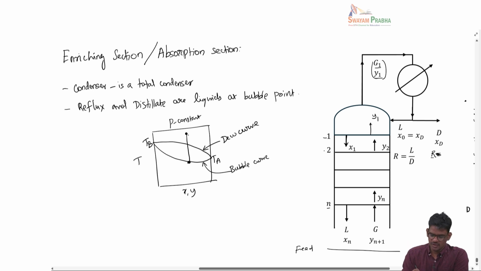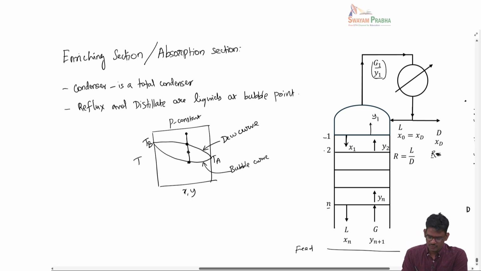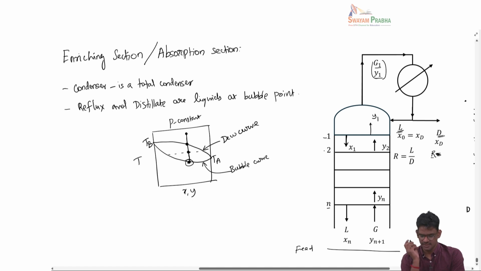I already talked about this, that if you cool a vapor, the first thing is you cross this dew point where the first liquid droplet will form, and then if you subsequently cool, you come to some point here where it phase separates into partly vapor, partly liquid, and then if you continue this, at this point when you hit the bubble point, you would have actually condensed all the vapor into a liquid, and in the condenser you basically have the components corresponding to this particular composition as well as the temperature. So both the reflux and the distillate would be corresponding to the bubble point at that particular composition.